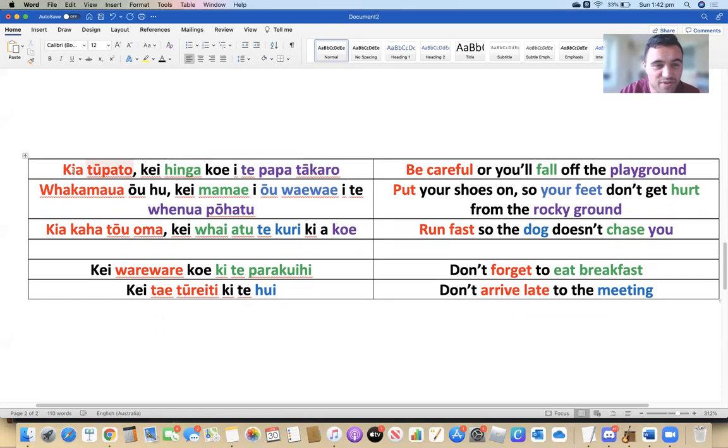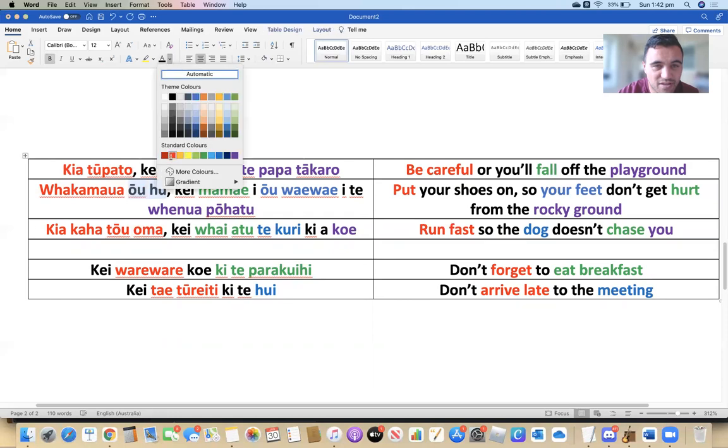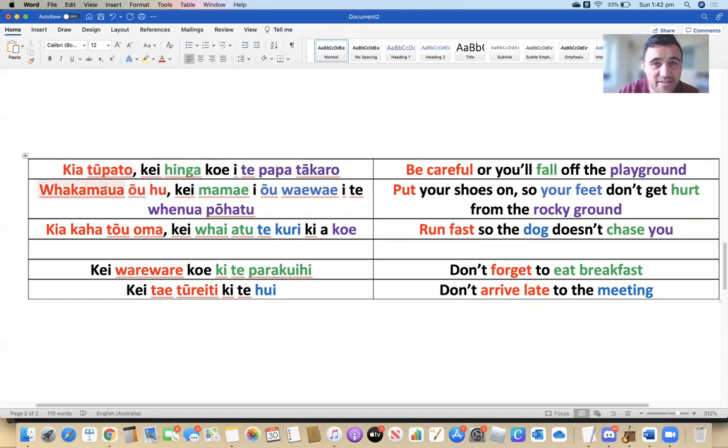But before that, you'll see that there's these sections of text in red. Maybe I should have highlighted that red. And so these are all commands. So this is us telling someone to do something. Kia tūpato, be careful. Whakamaua ō hū, put your shoes on. We'll highlight that red as well.